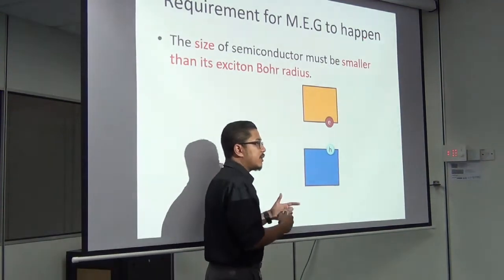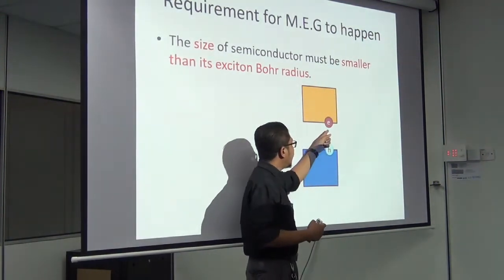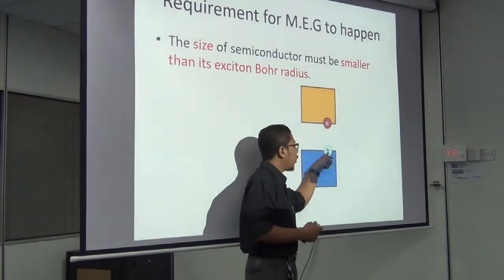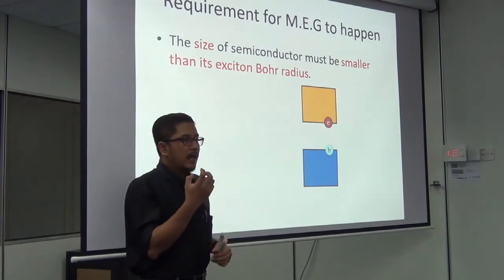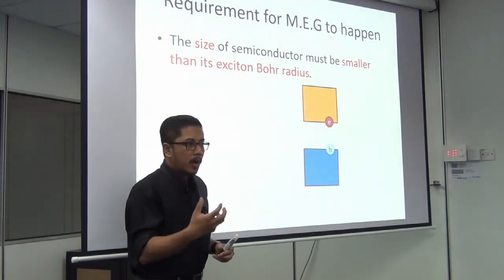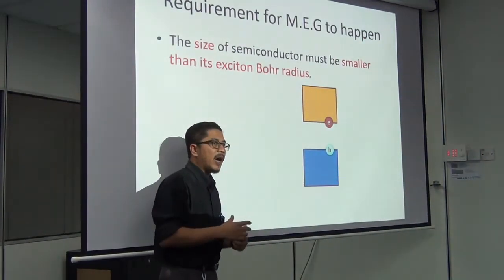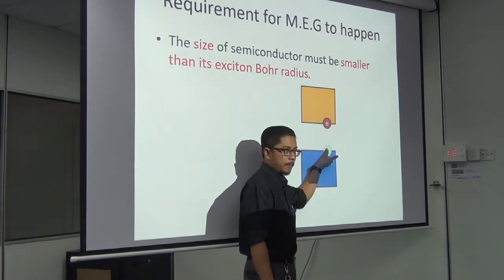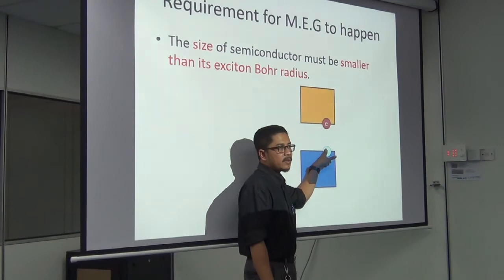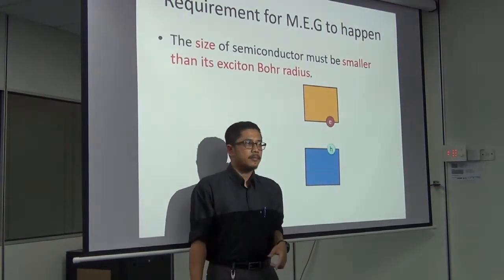Exciton Bohr radius is the distance between the excited state electron and hole. So if the size of our quantum dot, or if the size of our material is smaller than this distance, that material is called quantum dots.